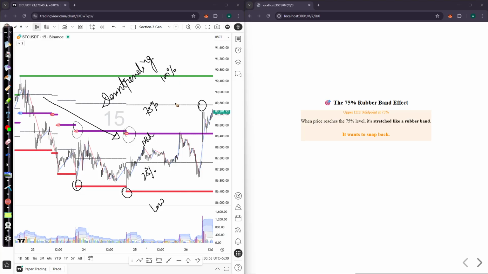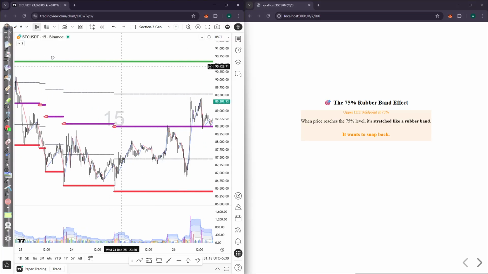So the trade setup here says if it's downtrending, you can short at the 50% level or you can short at the 75% level. Let me move here.